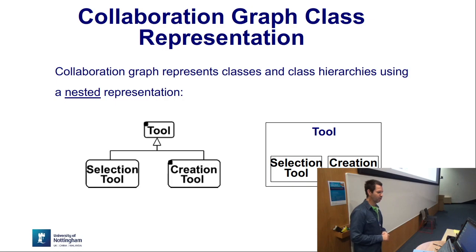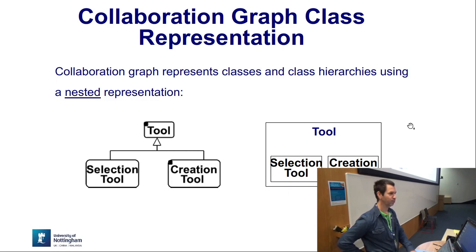So this is one way to represent the collaboration graph class representation. A collaboration graph represents classes and class hierarchies using a nested representation. This is the hierarchies we were talking about last class, but this is what it looks like in a nested representation. So a selection tool is a kind of tool, and a creation tool is a kind of tool.